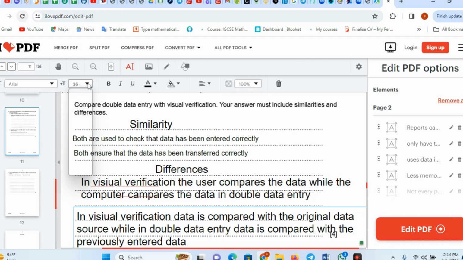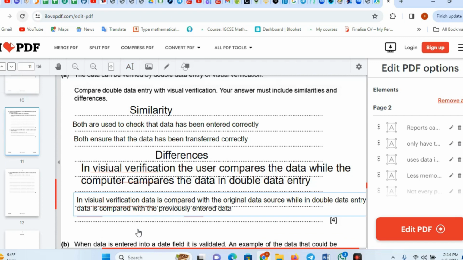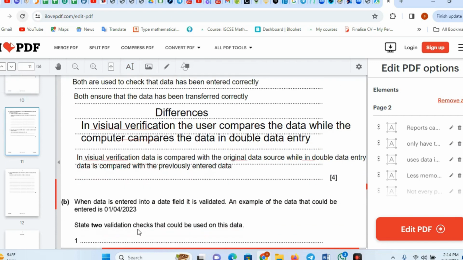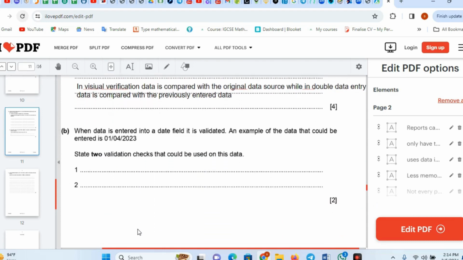Now we are going to question 10B. It says that when data is entered into a data field, it is validated. An example of the data that could be entered is 1, 4, 2023. That is the first day in the month of April 2023.